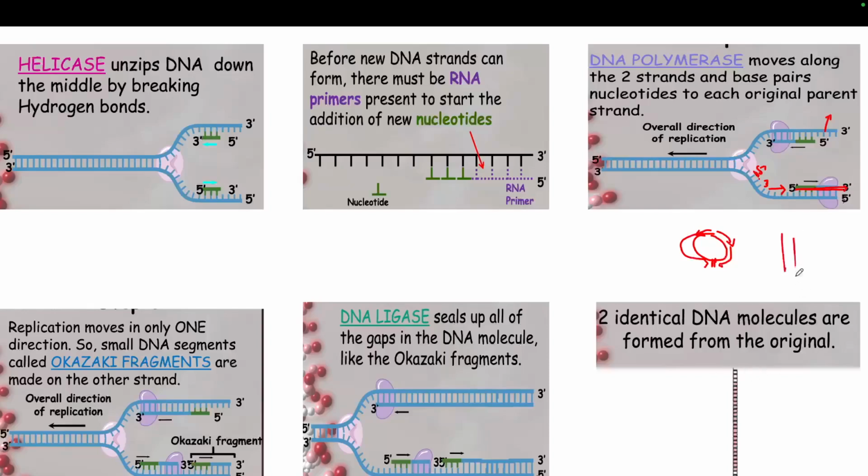One strand is continuously forming the DNA in this manner, and another strand will form the DNA in patches. And once all the strand is synthesized, this gap will be filled by the DNA ligase. So this is the complete procedure of the DNA replication.